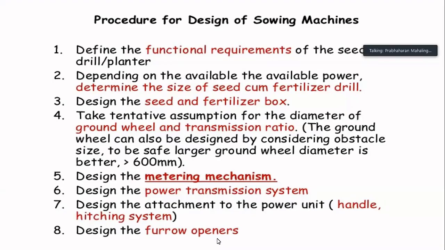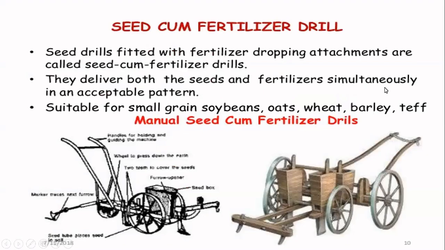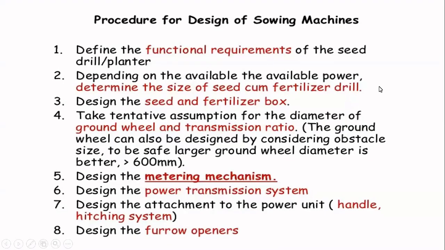We will see the next slide. When you open the furrow, then there is the furrow closer, the closing device, and a wheel to compact. Some chains are there. So there are 10 parameters you want to design. The closing parameter sometimes also changes.